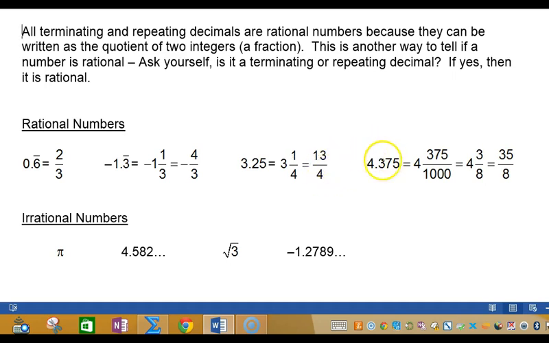And 4 and 375/1000ths, we can write that as a mixed number right here. And then we can simplify that to 4 and 3/8, which can then be turned into a quotient of two integers. 8 times 4 is 32, plus 3 is 35. So that's the same thing as 35/8.